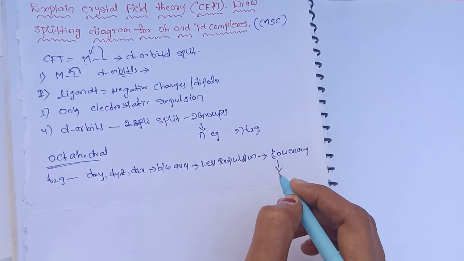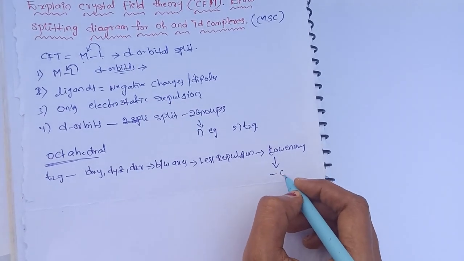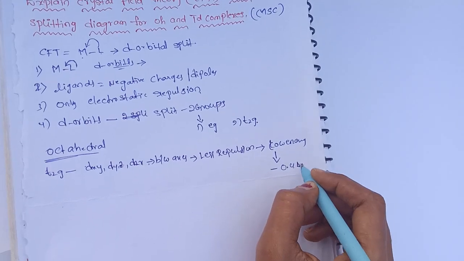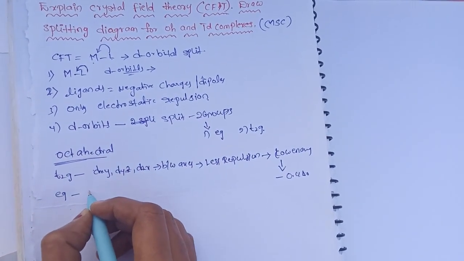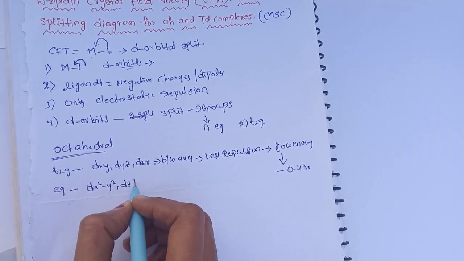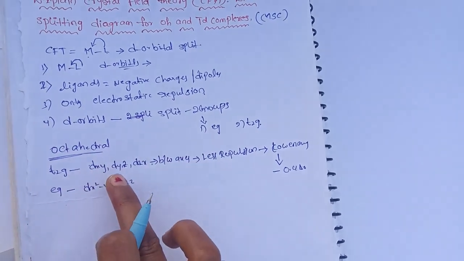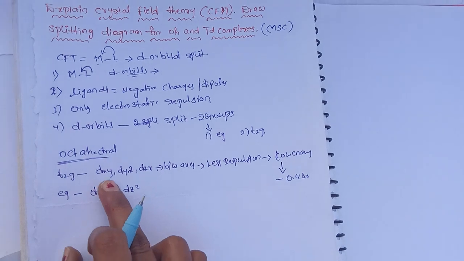Low energy means negative charge, so minus 0.4 delta naught. Eg in octahedral complexes is the other set, dx2-y2 and dz2. We know all the d orbitals dxy, dyz, dzx, dx2-y2 and dz2 are five degenerate orbitals.